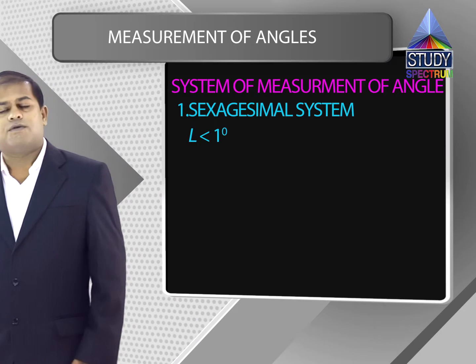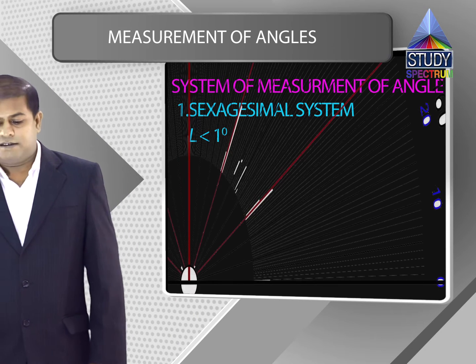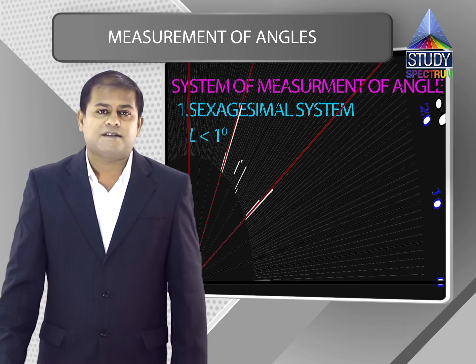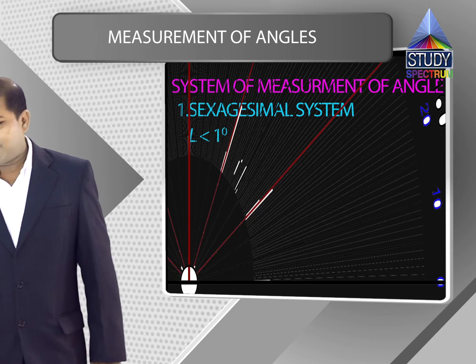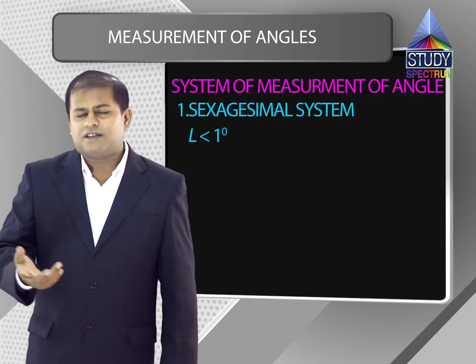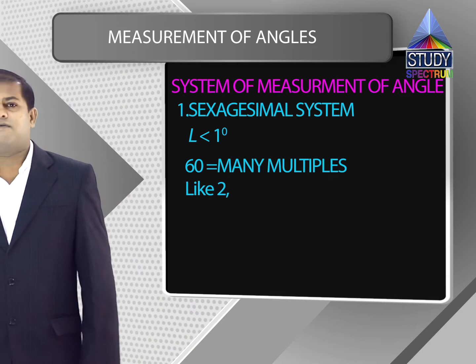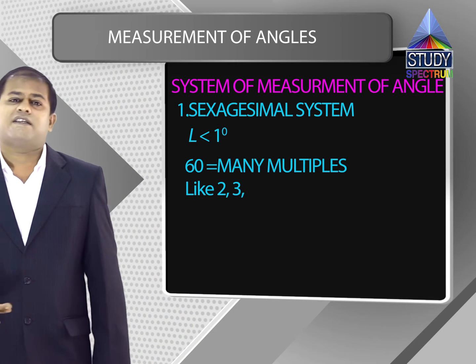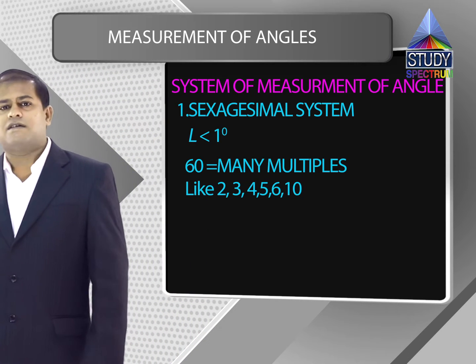Now the next question was, what if the measure of an angle is less than 1 degree? How to measure that? Using the fact that the number 60 has many factors: 2 is a factor, 3, 4, 5, 6, 10, 12, 15, 20, 30.